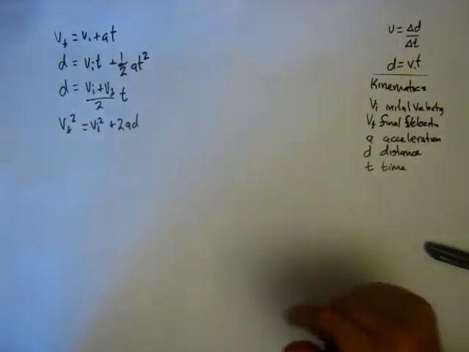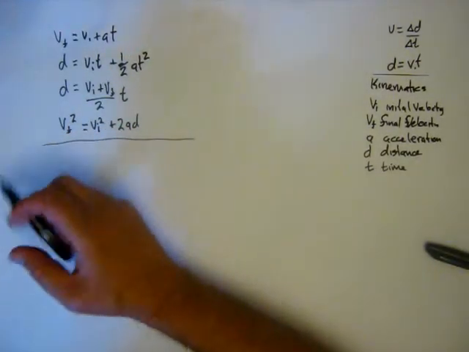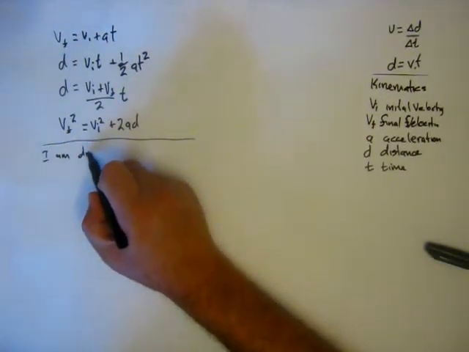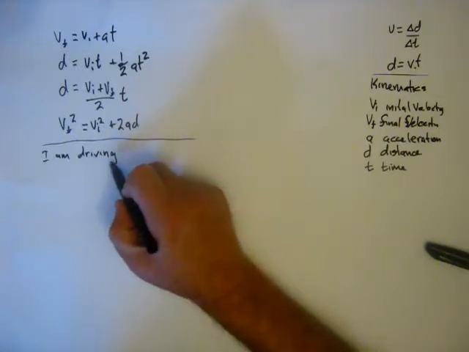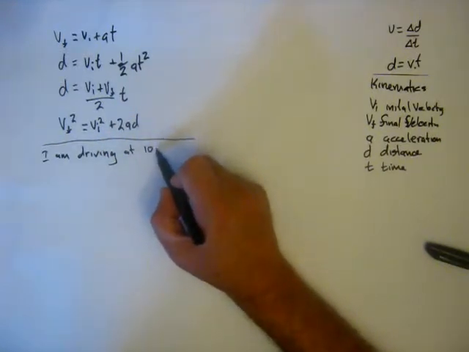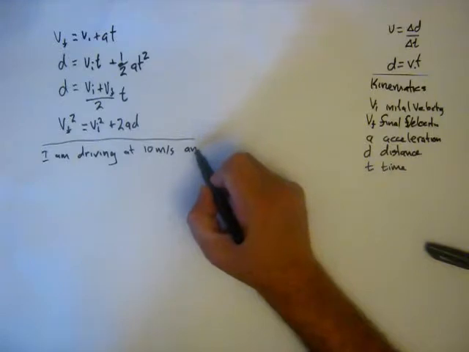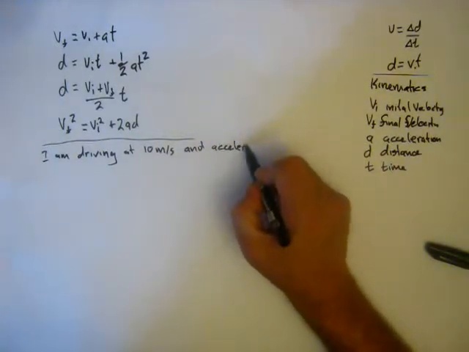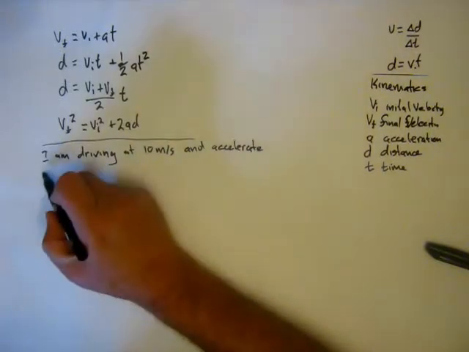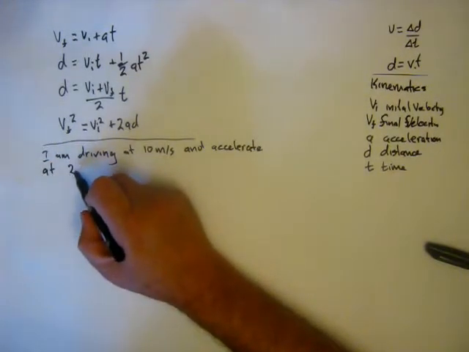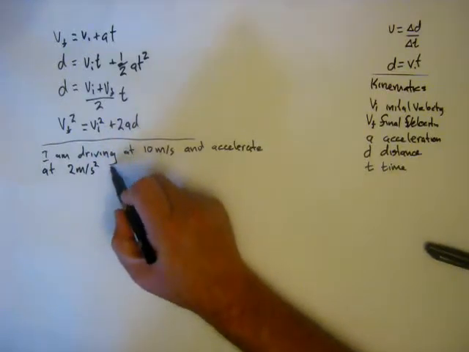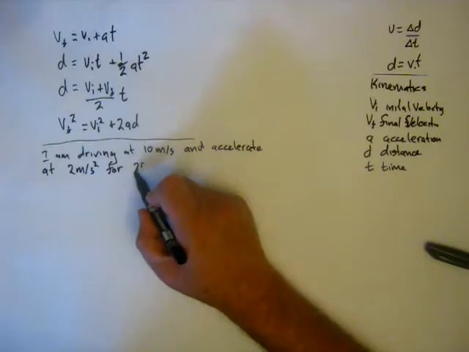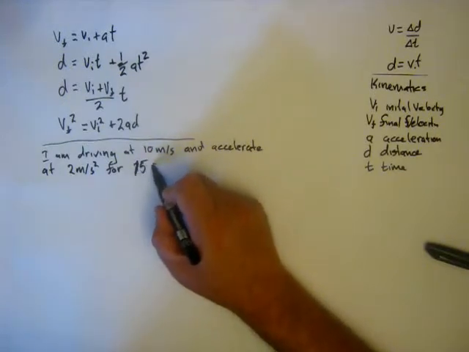So let's do an example. I'm driving down the road at 10 meters per second and accelerate at 2 meters per second squared for 15 seconds.